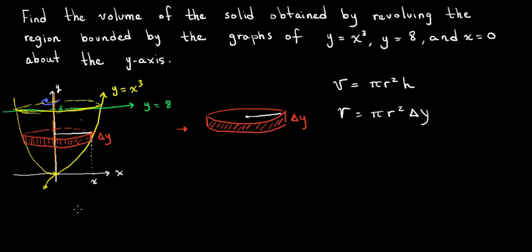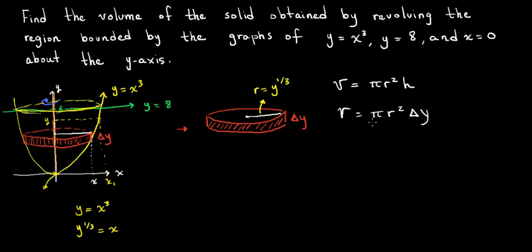If I take the cube root of both sides, I get y to the 1/3 equals x. So no matter where I am, if my radius was way up here, I'd go out x units, and x would be whatever your y value is to the 1/3. So my radius for this problem is y to the 1/3.